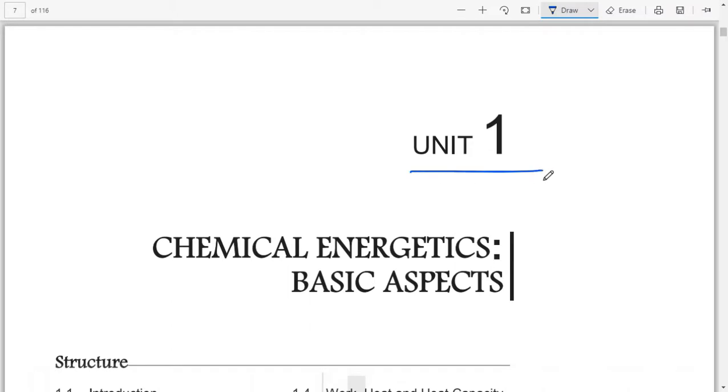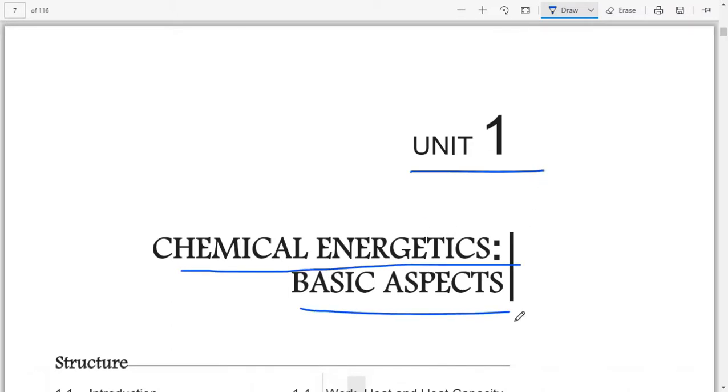Unit 1, Chemical Energetics, Basic Aspects.